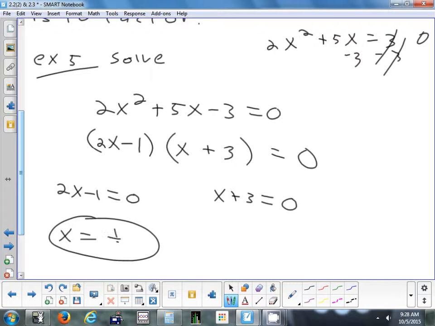Yep, 1/2. And what value of x would make the second one 0? -3. So if you plug either one of those numbers in, like try -3: -3 plus 3 is 0, 0 times anything is 0. Same thing with a half: half of 2 is 1, 1 take away 1 is 0, 0 times anything is 0.